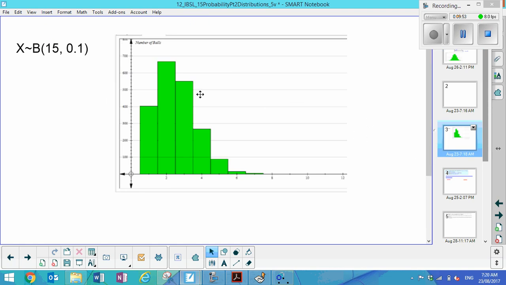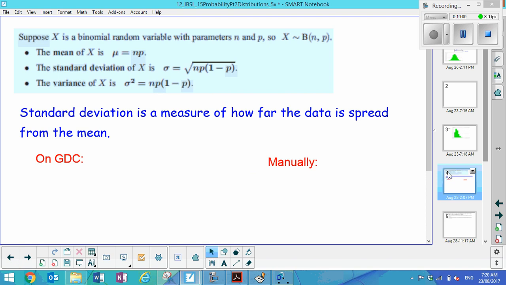So we want to be able to talk about the average result, the mean or the expected value, and the standard deviation. Now remember, we can calculate the mean of a distribution or the mean of a result just simply by multiplying the number of trials by the probability.